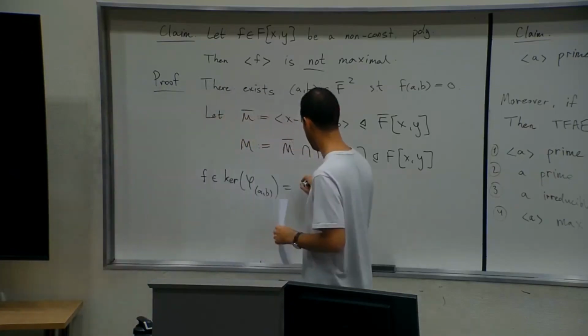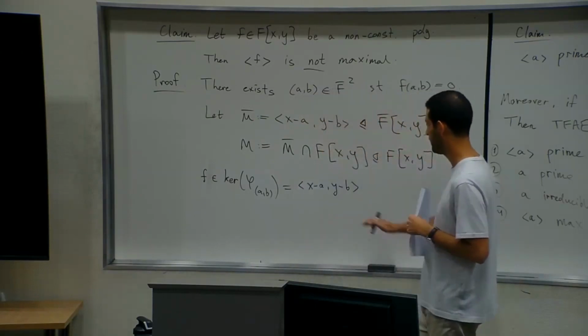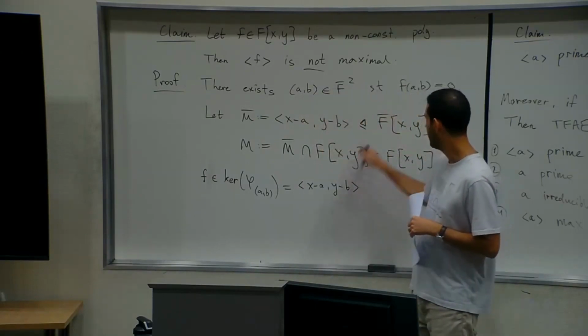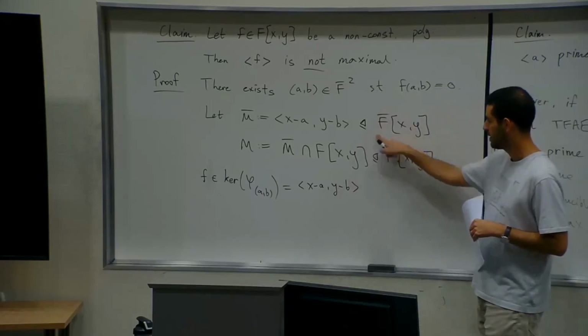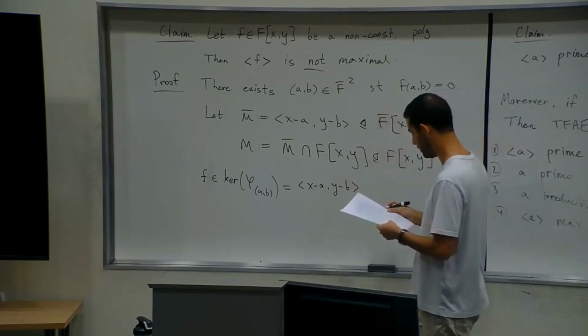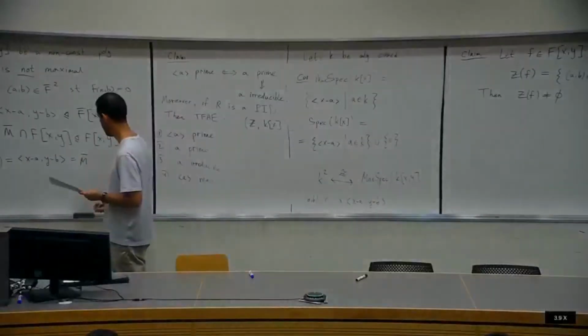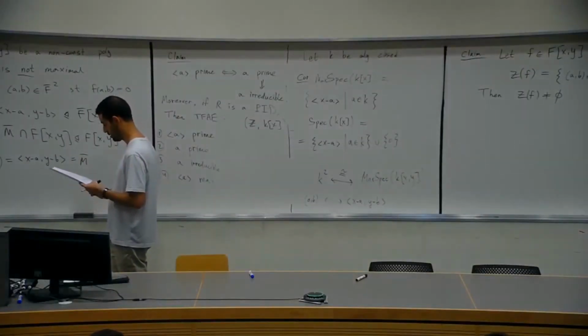And we already mentioned that this kernel is the ideal (x minus a, y minus b) in F bar[x, y].